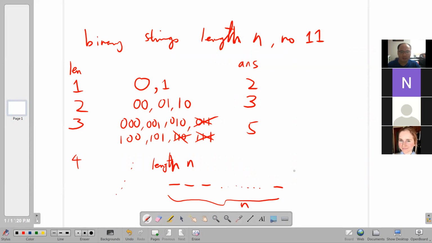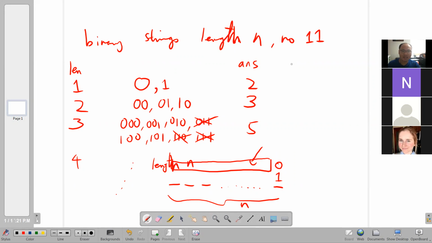And you can say, well, the last position can either be 0 or 1. Okay? If the last position is 0, then the previous n minus 1 characters can be anything as long as there are no 2 consecutive ones.